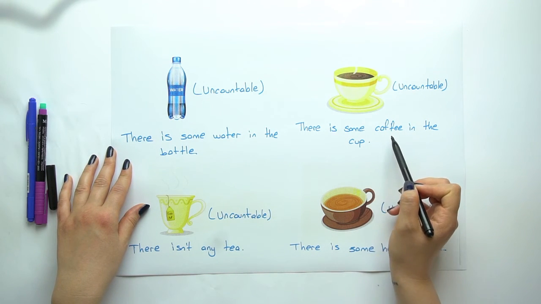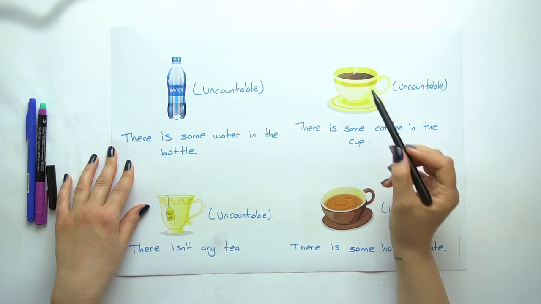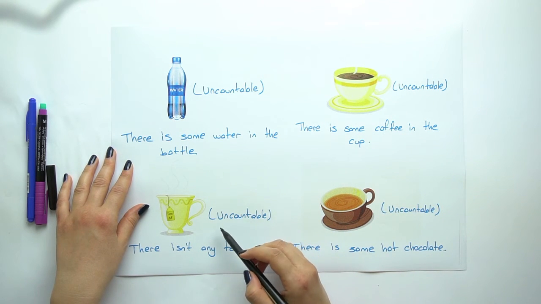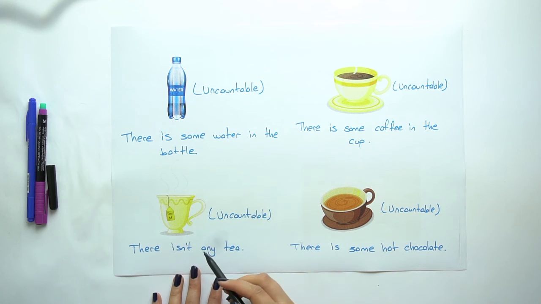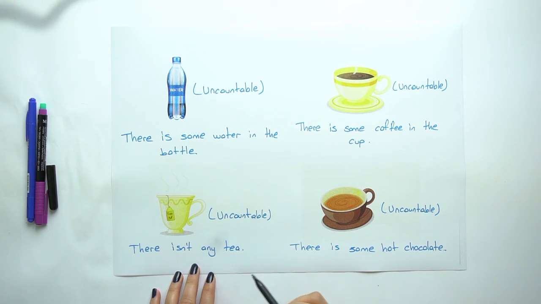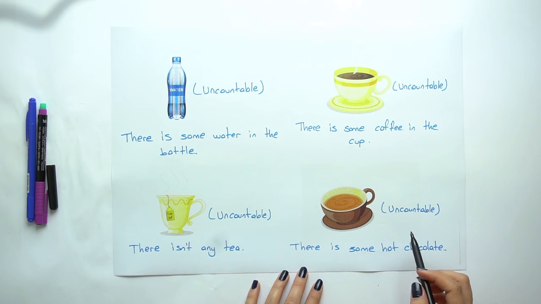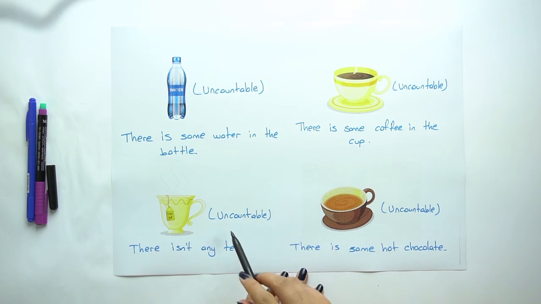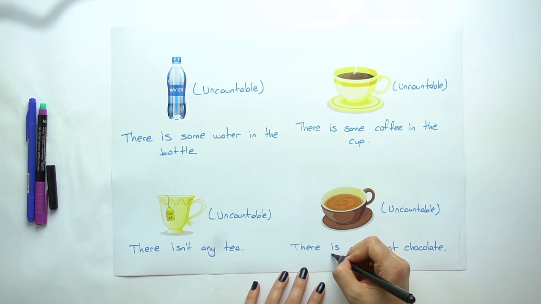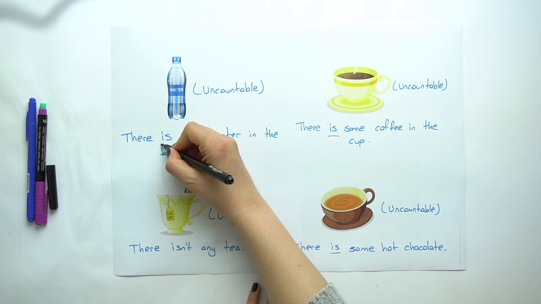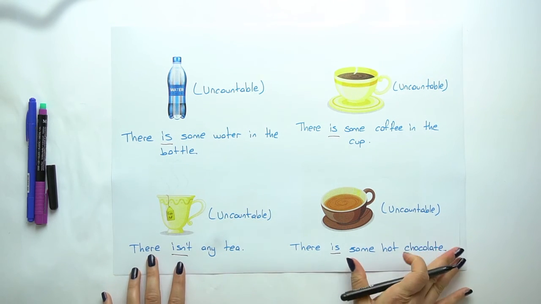There is some coffee in the cup, for example. Tea is uncountable, so we can say there isn't any tea. And hot chocolate is uncountable, so for this one we can say there is some hot chocolate. As you can see, we only use singular verbs with the uncountable nouns.